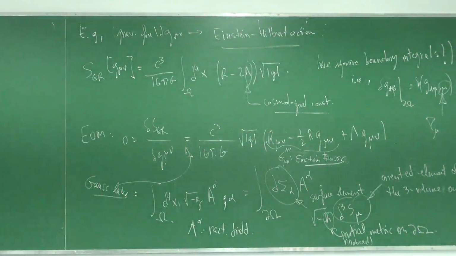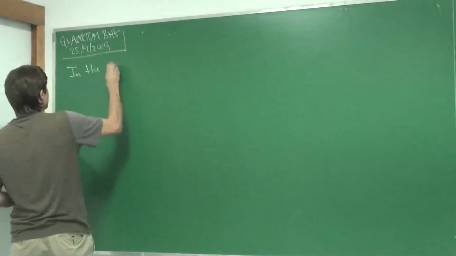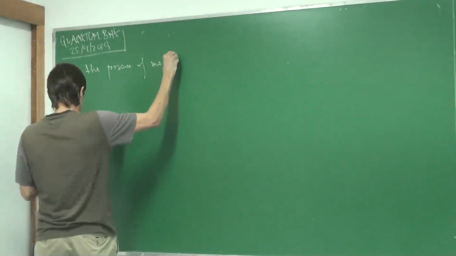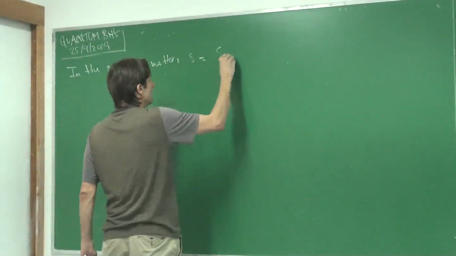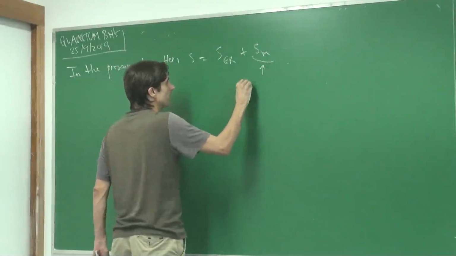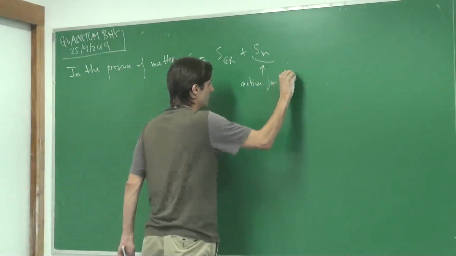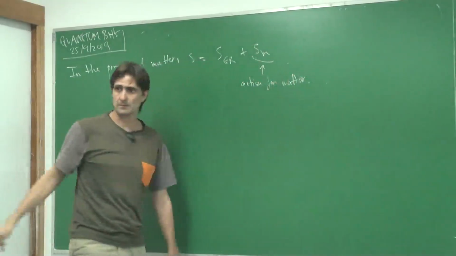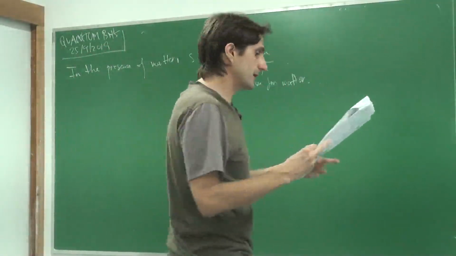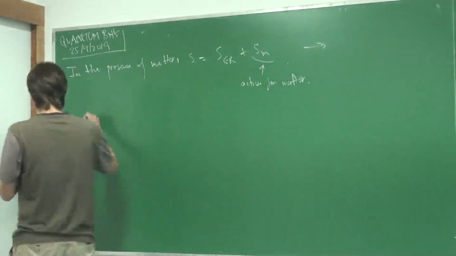Okay, so let's assume that you have some matter. So in the presence of matter, your total action is the Einstein-Hilbert action plus the action for matter, whatever the matter field is, and you have to extremize this action functional.